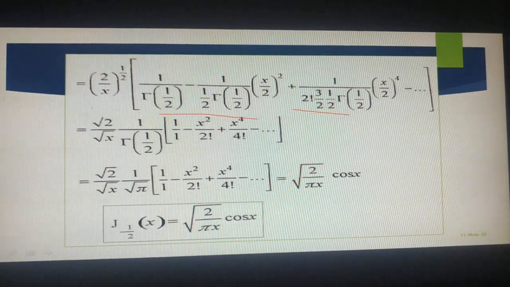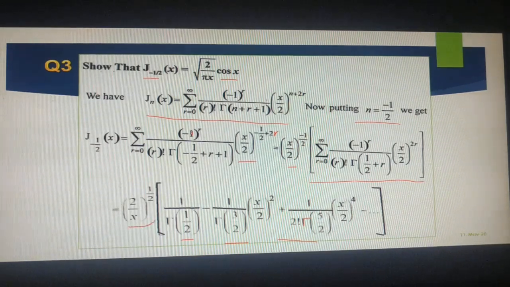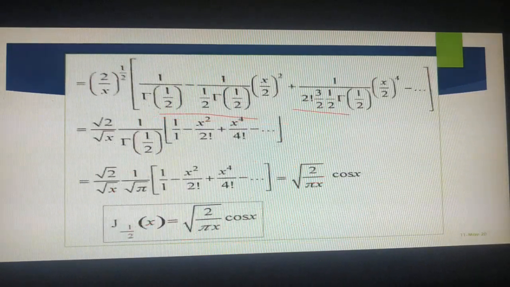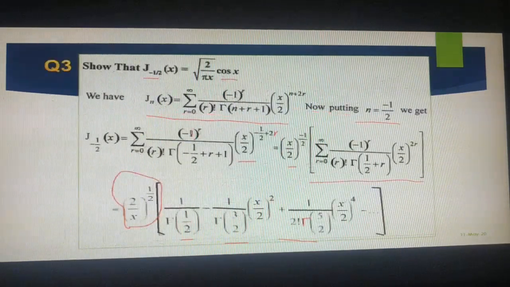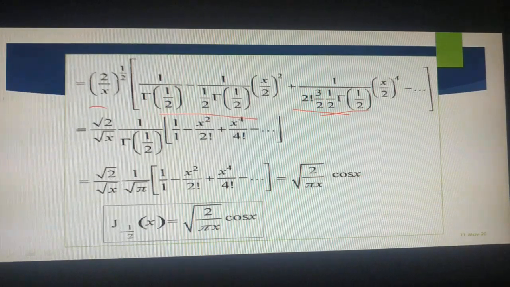So this is your next step, what I am explaining now. Here we have x by 2 whole to the power of minus half, and taking the reverse, that becomes 2 by x whole to the power of half. Then I am writing gamma 3 by 2 and gamma 5 by 2 in this way: 1 by 2 gamma 1 by 2, 3 by 2 1 by 2 gamma 1 by 2, like that.